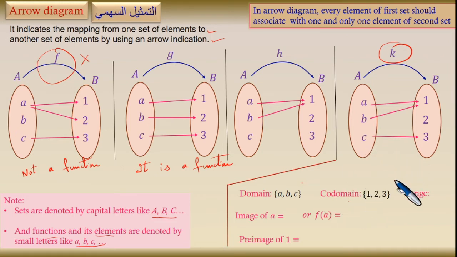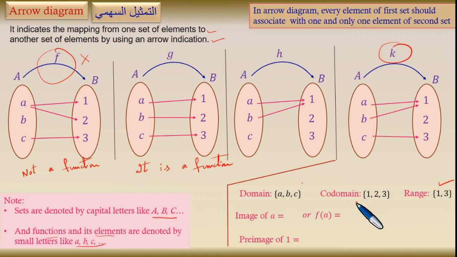Range is the set which has association with the first set. Here A and B have association with 1 and C has association with 3. The output values are the range. The output values are only 1 and 3. So here the range is 1 and 3.